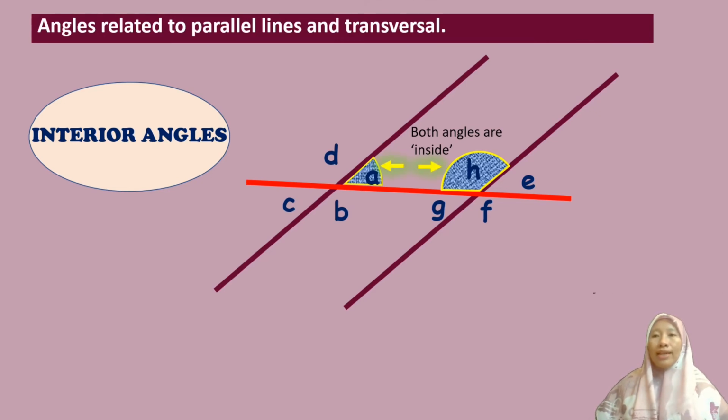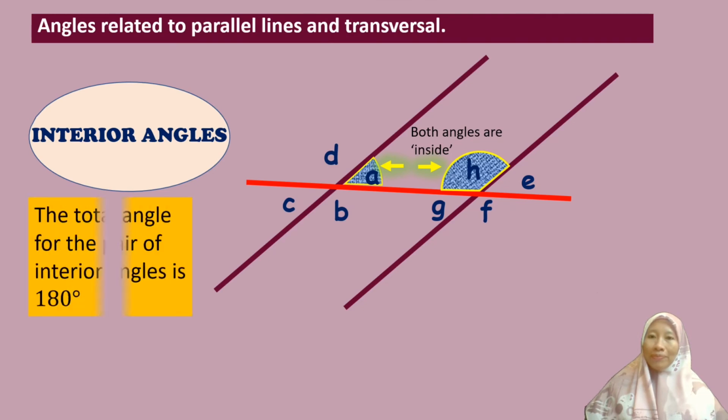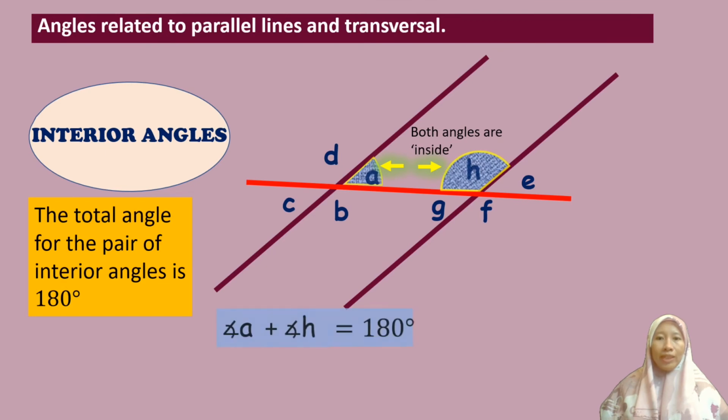What about the size of the angles? What do you think about the size of the angles? Are they the same? So here, the total angle for the pair of interior angles is 180 degrees. It means angle A plus angle H equals 180 degrees.